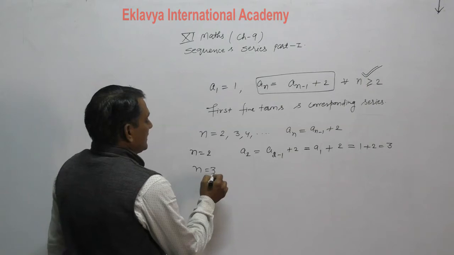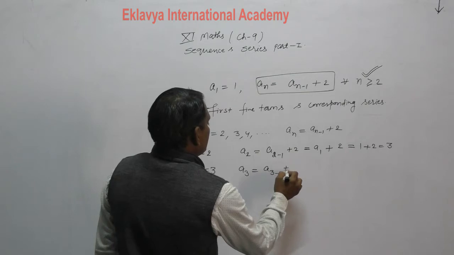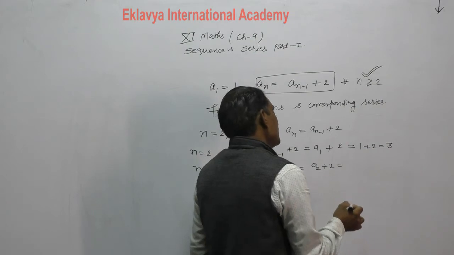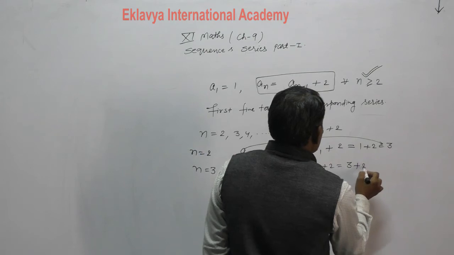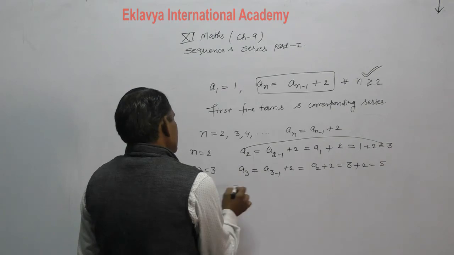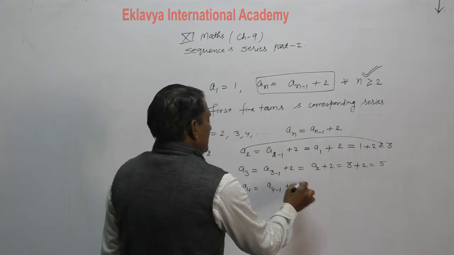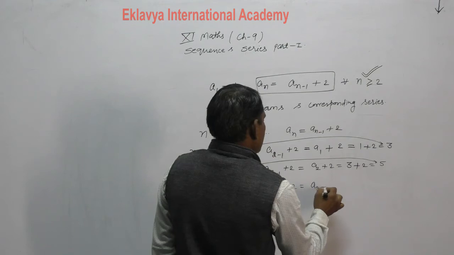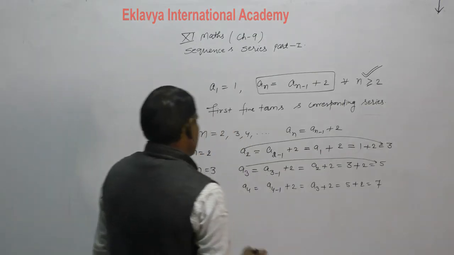Whenever n is 3, a3 is a(3-1) plus 2, written again as a2 plus 2, and the value of a2 that you have calculated is 3, so 3 plus 2 gives 5. Next n is 4, then a4 is a3 plus 2, a3 value is 5, plus 2, then the result is 7.